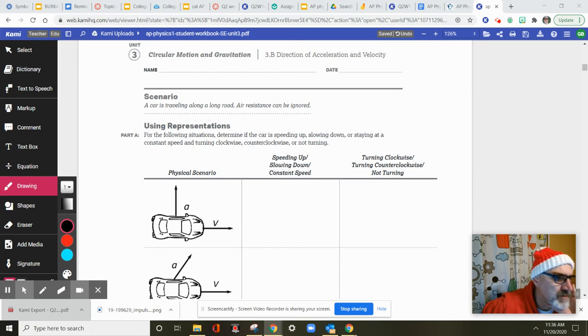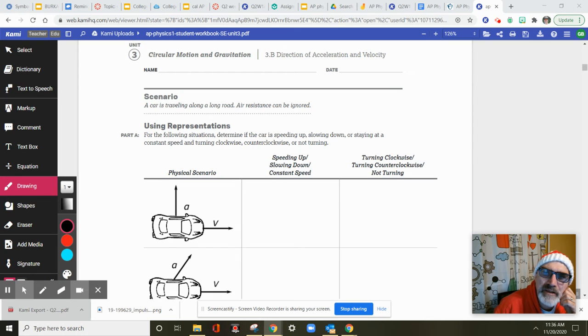For the following situations, determine if the car is speeding up, slowing down, or staying at a constant speed, and turning clockwise, counterclockwise, or not turning. Here the acceleration is up and the velocity is to the right.